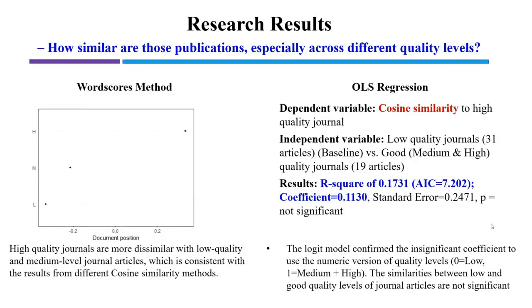And we can also use regression. So what we do is we put cosine similarity as the dependent variable, and then we group by category. So then we see how the low quality journal publications compare with the high and the medium level, how much similarity they have.